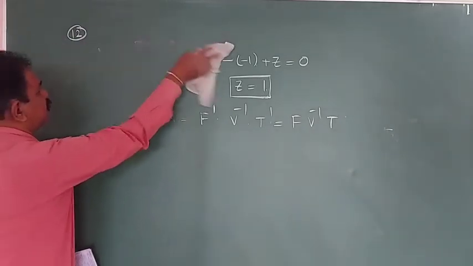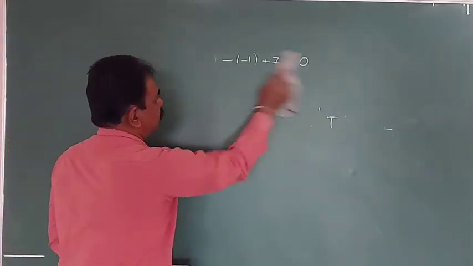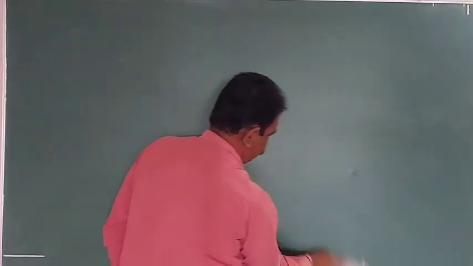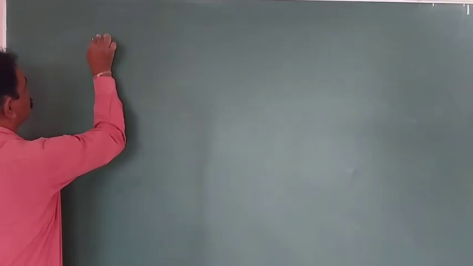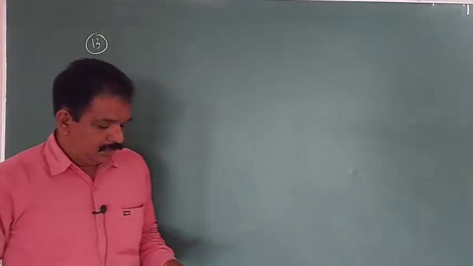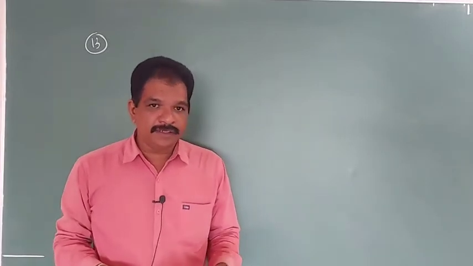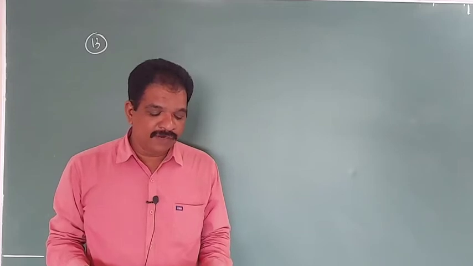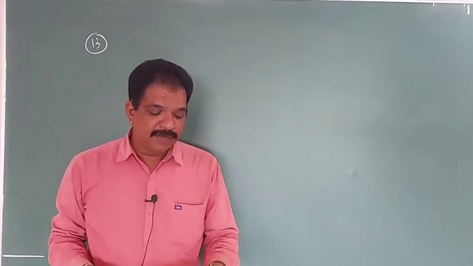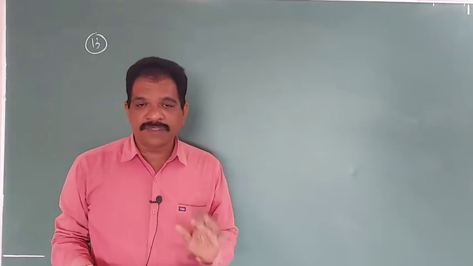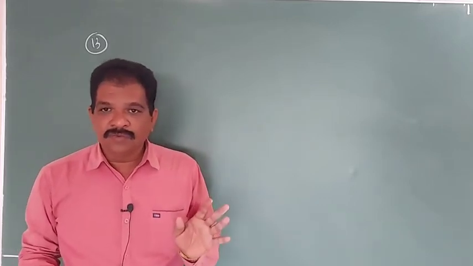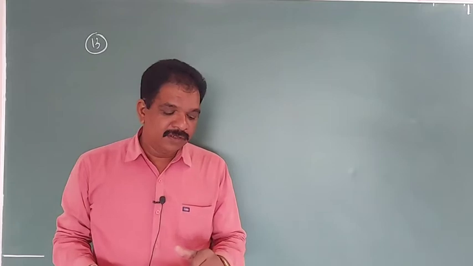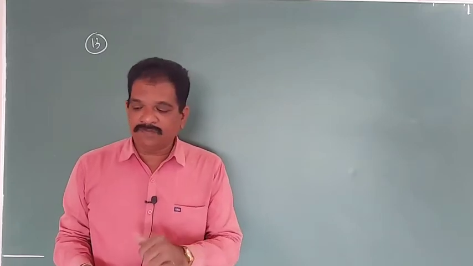What they are asking, see, energy, velocity and time are chosen as the fundamental quantities. Dimensional formula of surface tension is, you express surface tension in terms of energy, velocity and time.